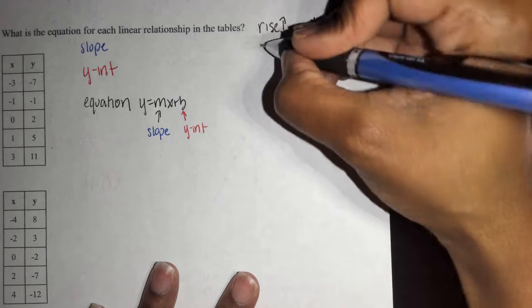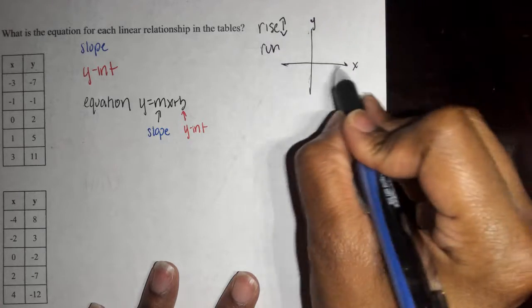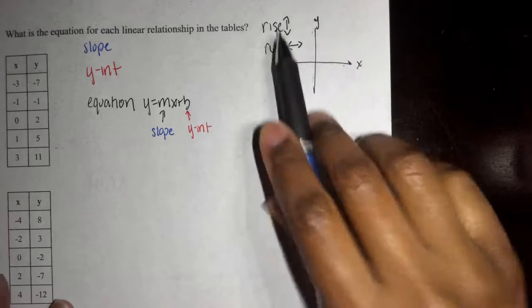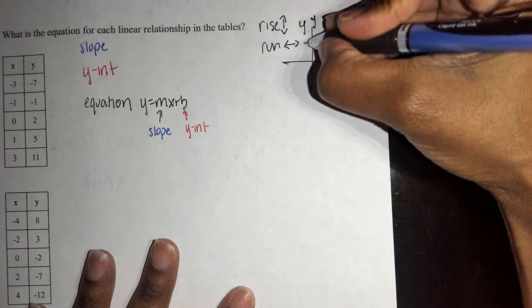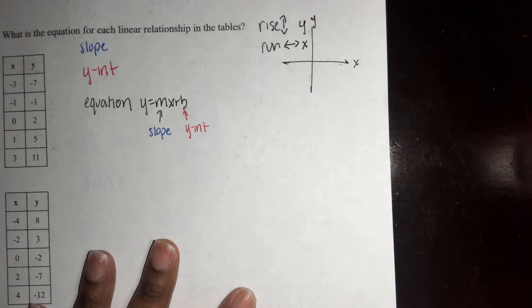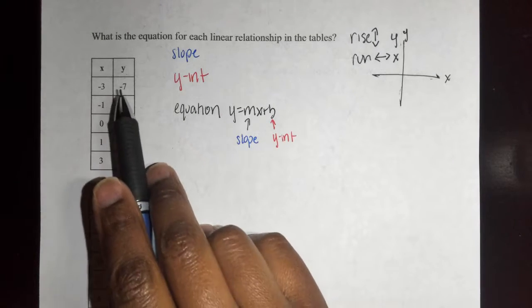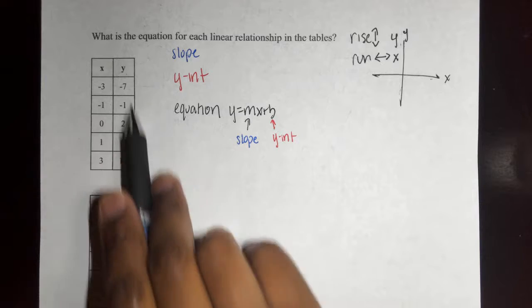Your run is left and right. So your rise is your y values and your run is your x values. If we look back at our table, we can see our x values and our y values.